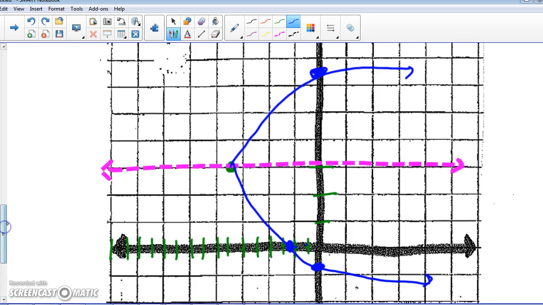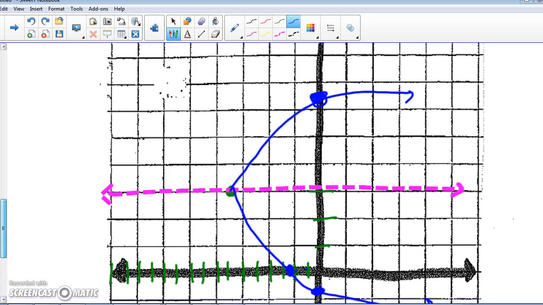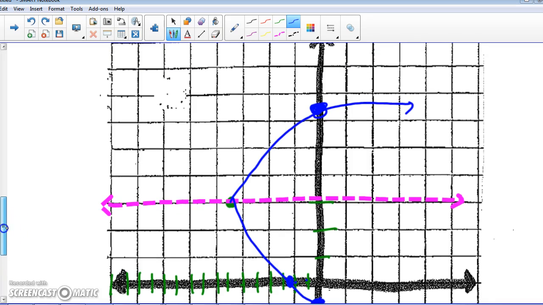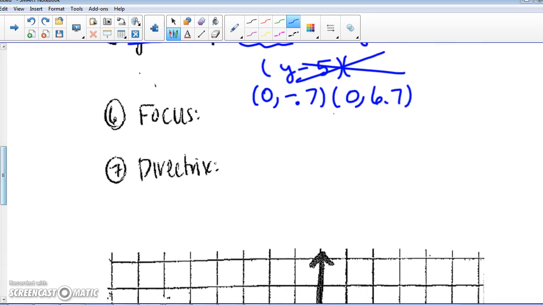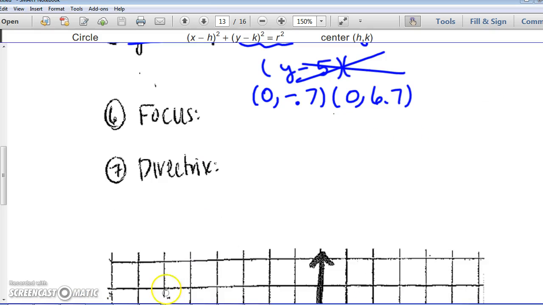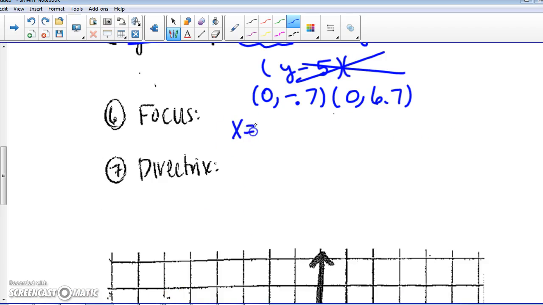There's our parabola building. And again, at any time if you need to pause it, the last thing we have to do is the focus and the directrix. And again, we have formulas for those that we'll use. So this is our one, so it's going to be x equals h minus 1 over 4a. That's our directrix.